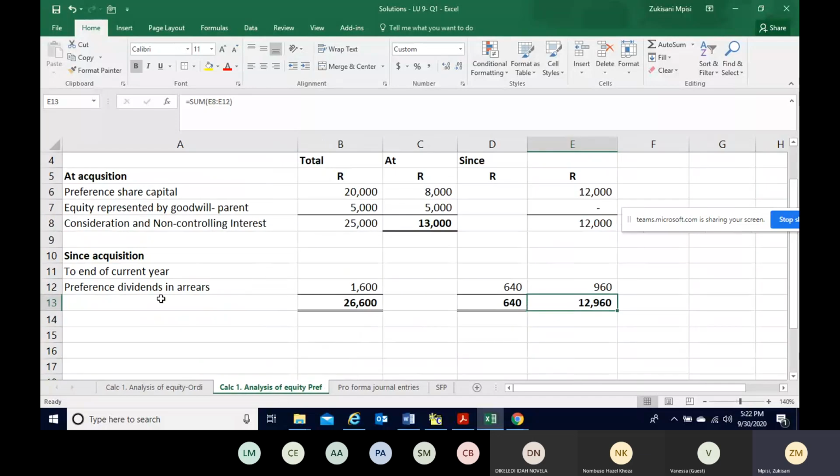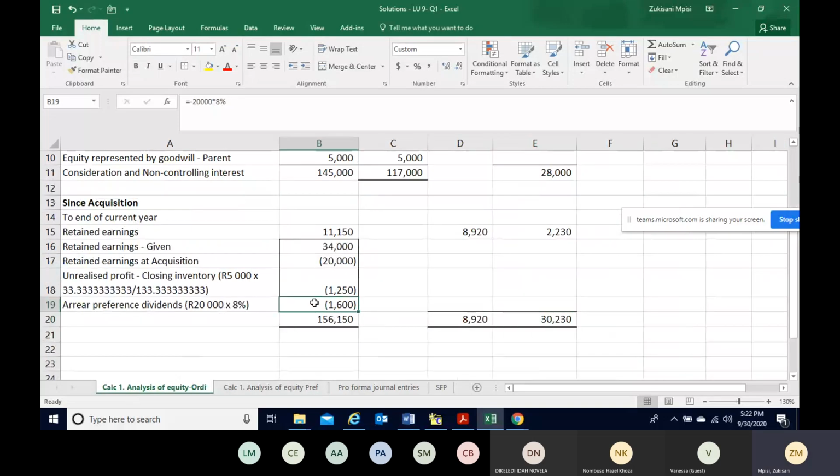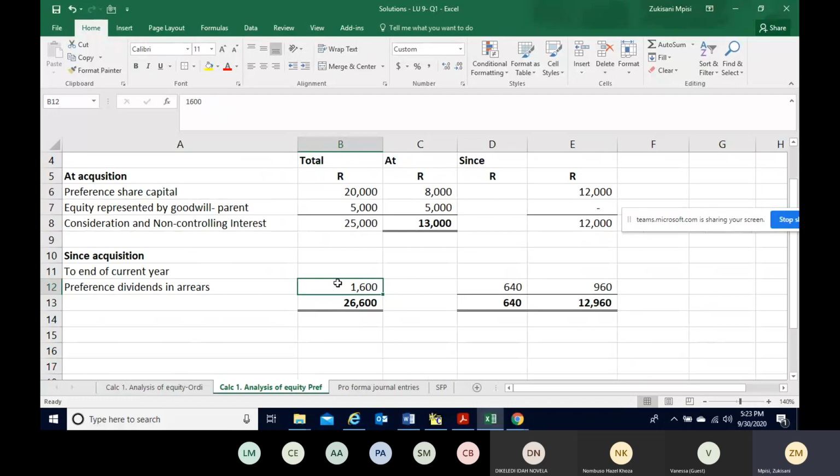So it is simply transferring. You're taking preference dividends from profit, and you're including it here as a positive one line from profit. So it becomes profit attributable to preference owners. And then if it is paid, you indicate it as a negative.